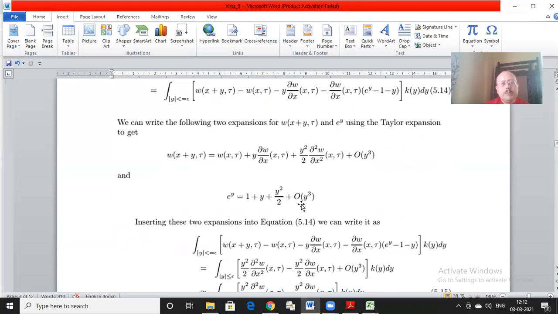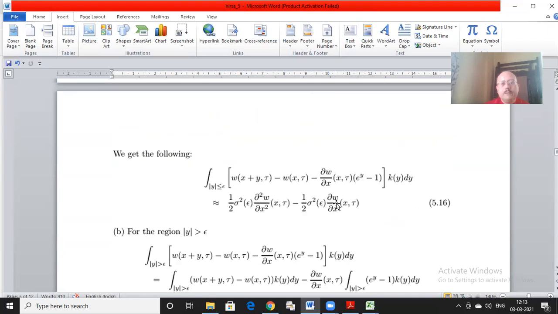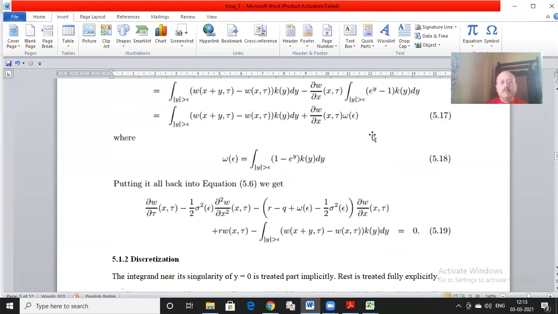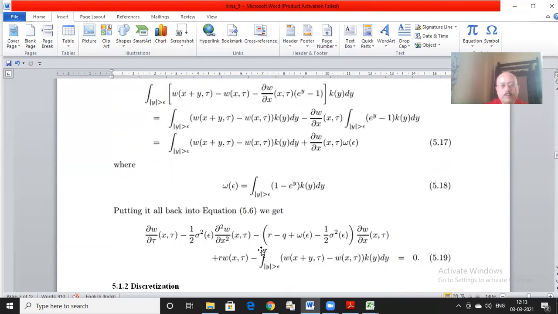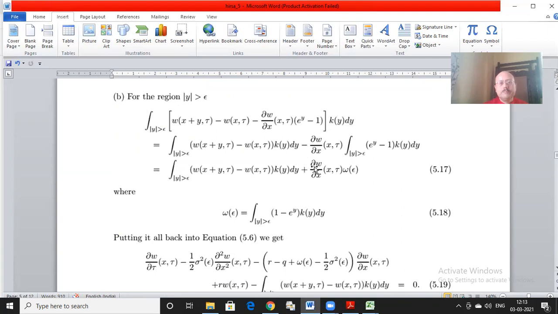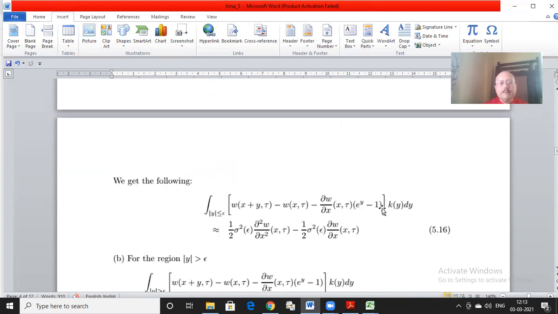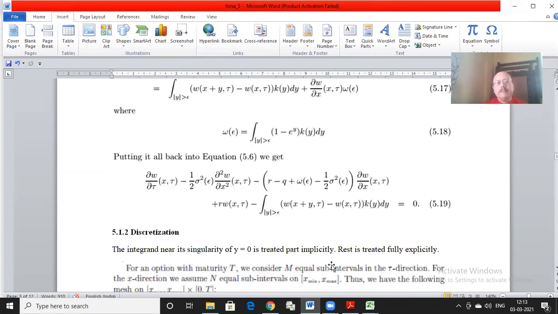The near 0 term is approximated using Taylor series to give us this 5.16, and the region farther away from 0 is handled separately using the mean value theorem. We modify it to 5.17. From 5.17 and 5.16, we finally get the simplified form of 5.6, the differential and the integral parts together in 5.19. So this was our journey so far.